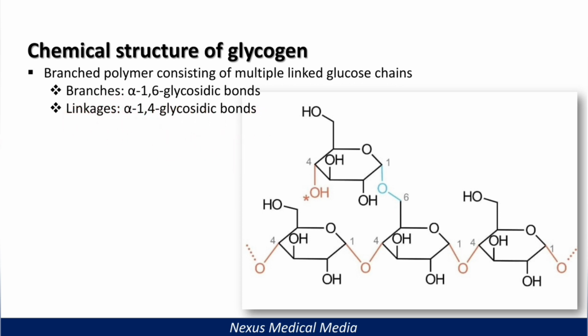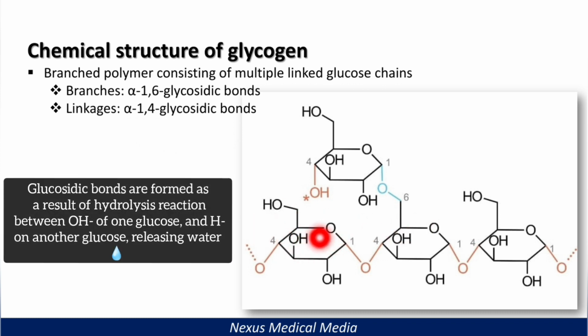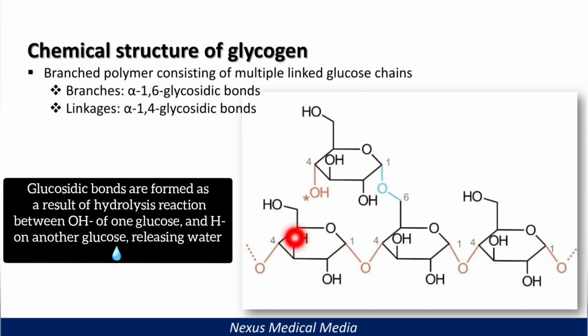In a straight chain like this, let's just look at this glucose molecule. It has carbons 1, 2, 3, 4, 5, 6. On carbon 6, that's where you have the OH. Here you have again 1, 2, 3, 4, 5, and this one is 6.